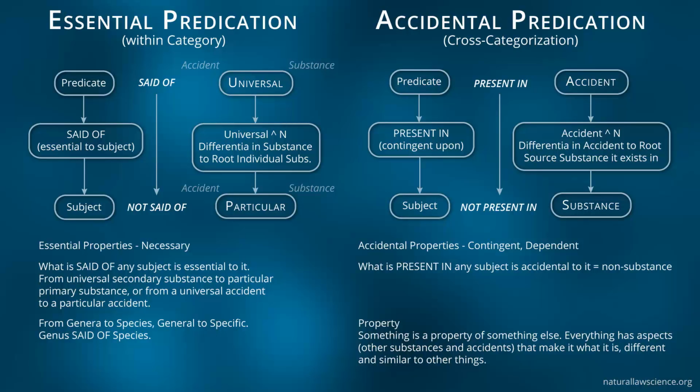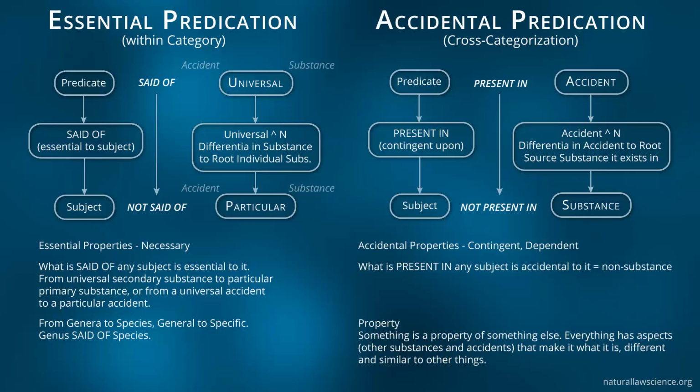In accidental predication, you can go cross-category from the essential predication within an accident to the source substance that it belongs in, that it's present in.